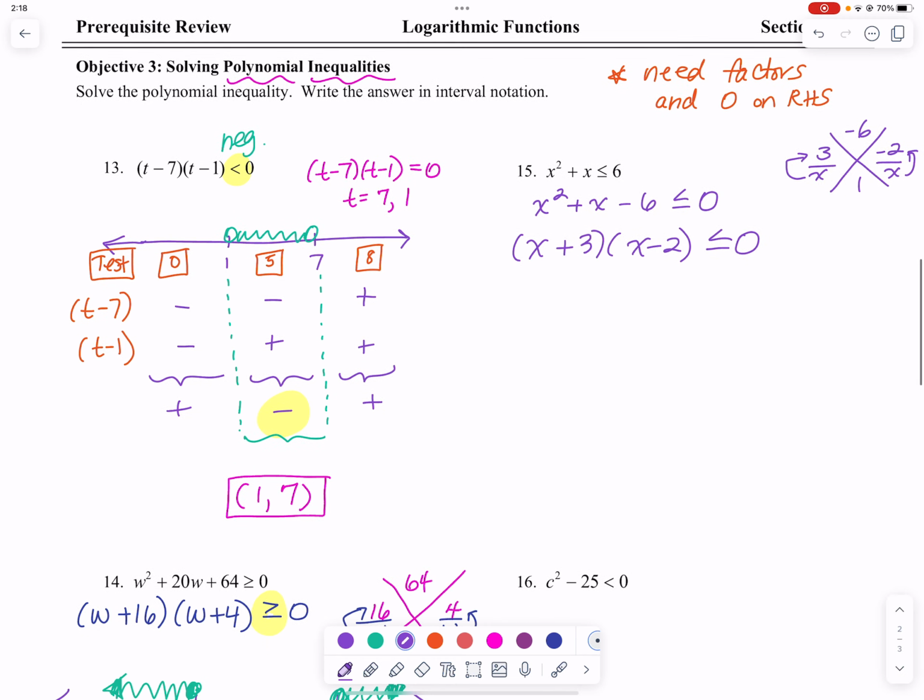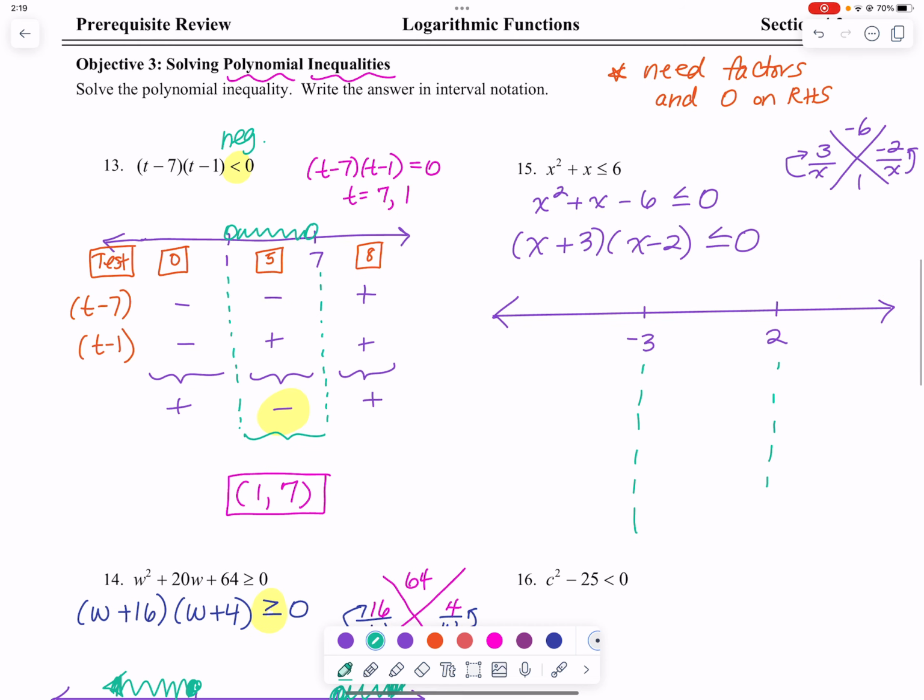We go right into our sign chart with our boundary values of a -3 and a positive 2. And we have test, and we have maybe -5. We want to use that 0, and let's go with a positive 5. You can use any number larger than 2. We have x + 3, x - 2.